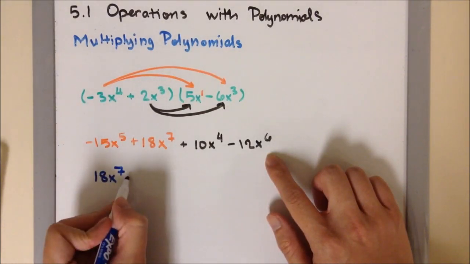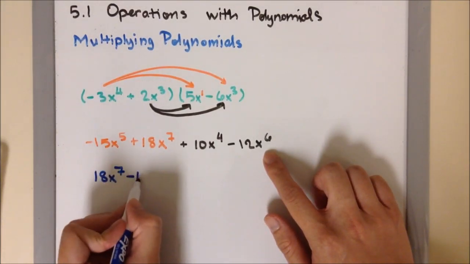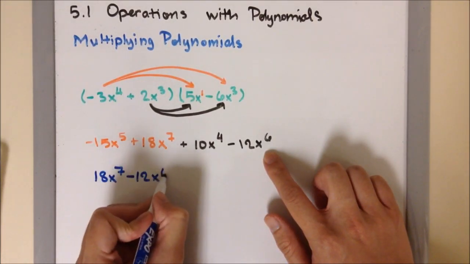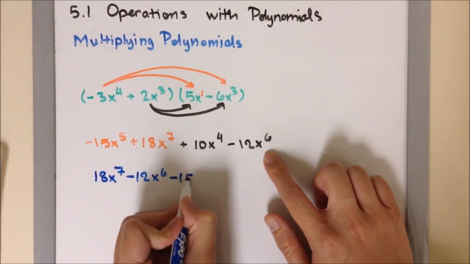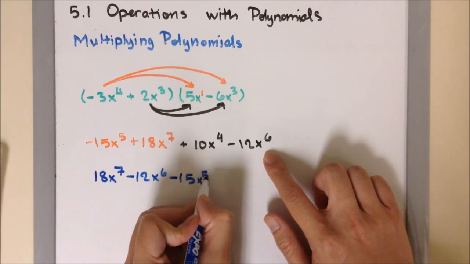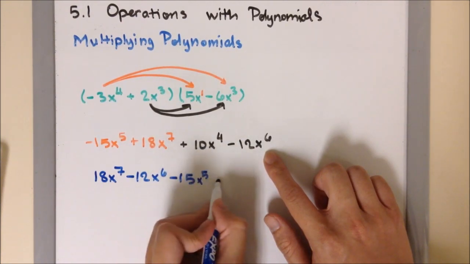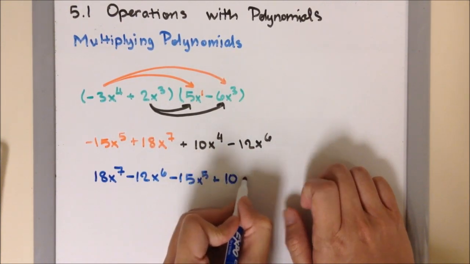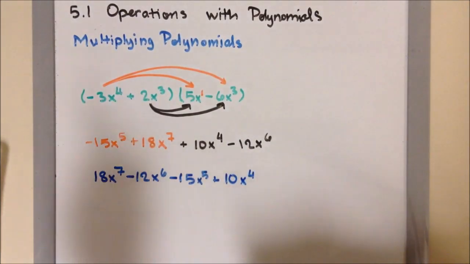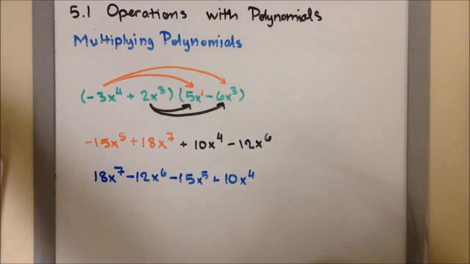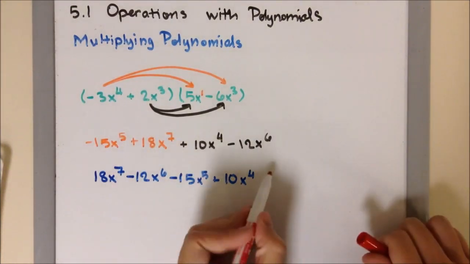What comes next is this x to the 6th, so negative 12x to the 6th. And then x to the 5th, so it will be negative 15x to the 5th. And then last is x to the 4th, so plus 10x to the 4th. So my terms are in order. This is my final answer.